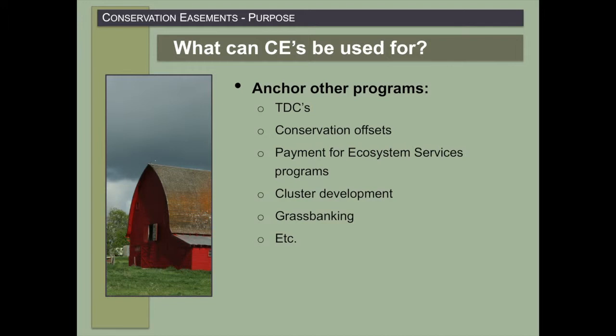This is something that happens a fair amount in the Great Plains of North America, in particular in the US, where a land trust or a conservation organization owns a large chunk of land. In exchange for allowing people to come and graze it, they have conservation easements registered on their private land. So it's a bit of a give and take on a grazing arrangement. And then there's a variety of others that they could be applied to, but these are a few.